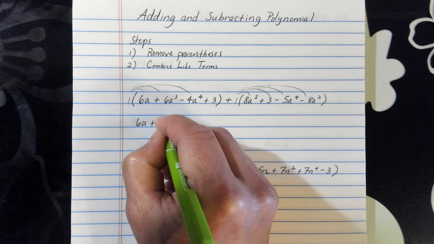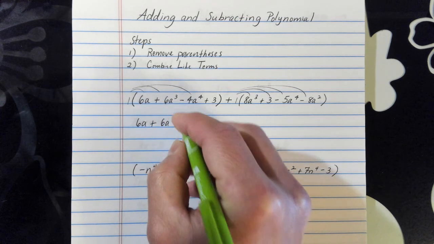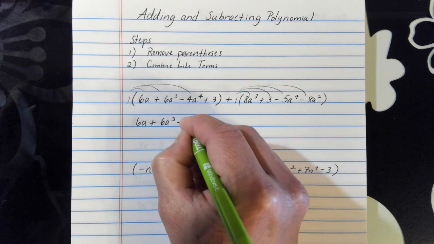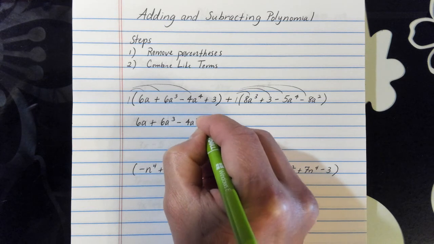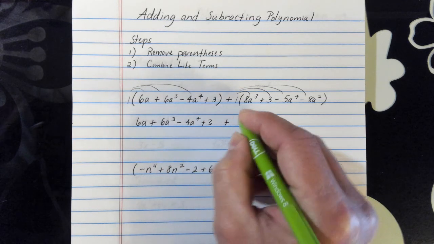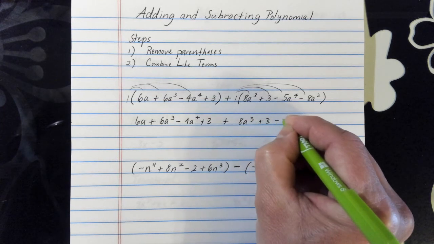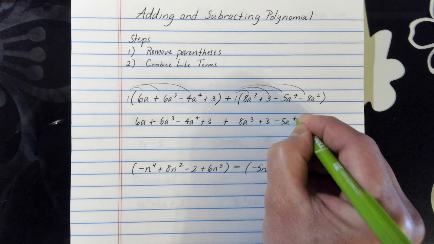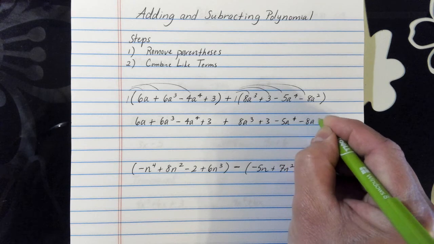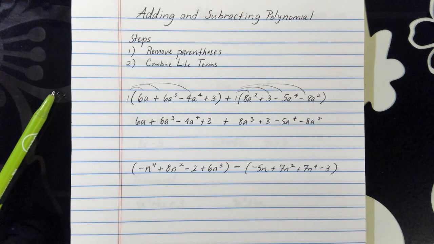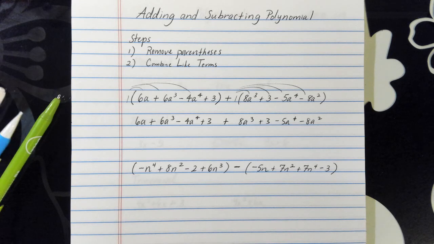That is one of the things that distributing accomplishes: it removes the parentheses, which allows you to do the second step, which is combining like terms. I'm going to highlight the like terms to make it fairly obvious. Remember, like terms are terms that have exactly the same variable with exactly the same exponent.